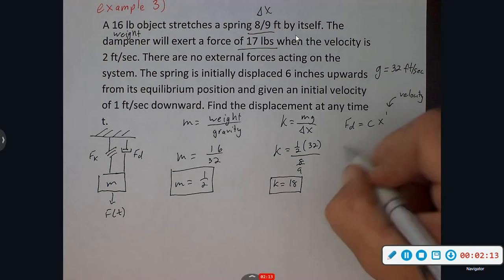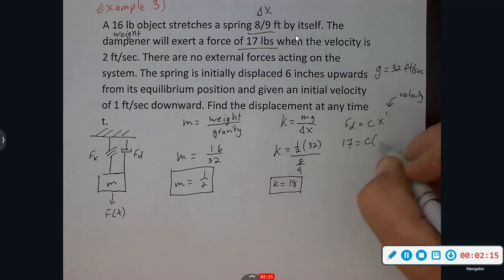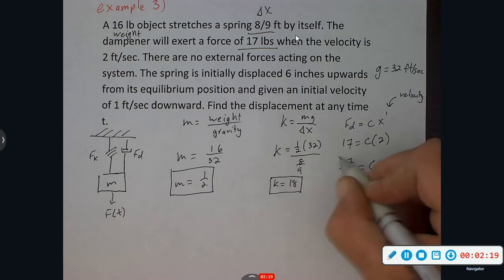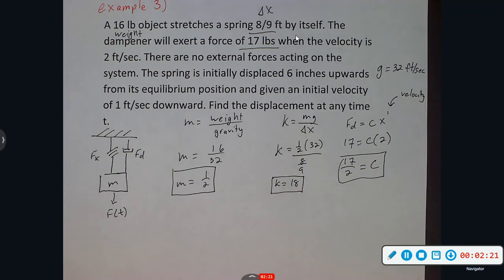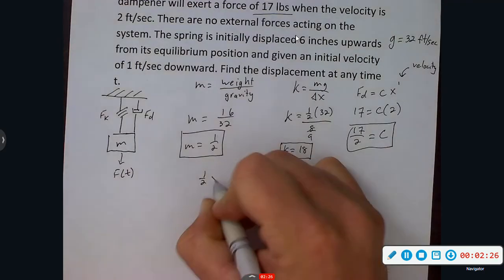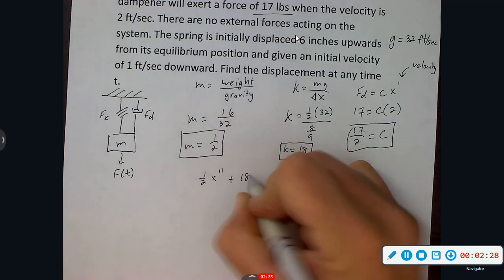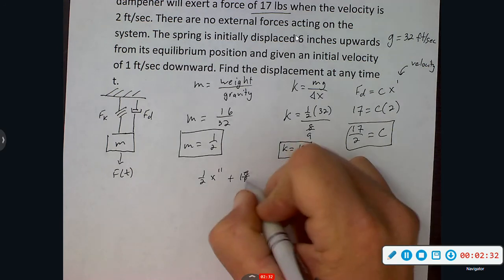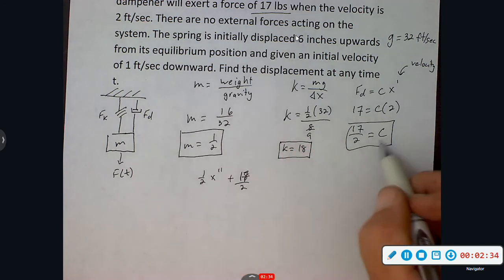So FD is 17, C times 2. That means C, 17 over 2, is our C. So once we have those three things, we can model our differential equation. 1/2 x double prime plus 18. Psych, that needs to be 17 over 2. That's where the C goes.